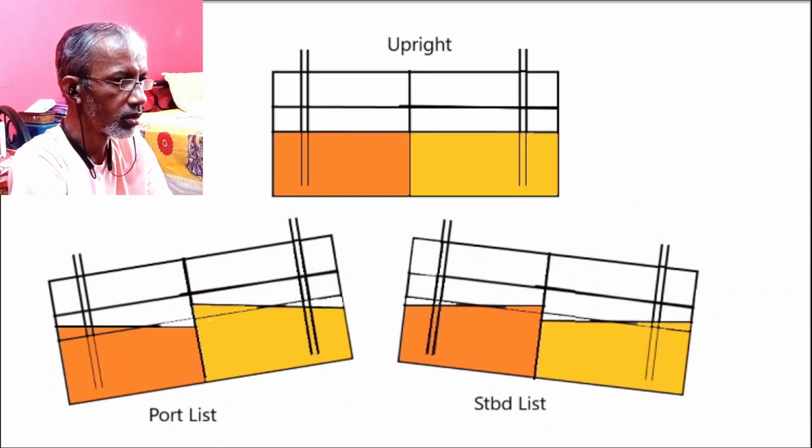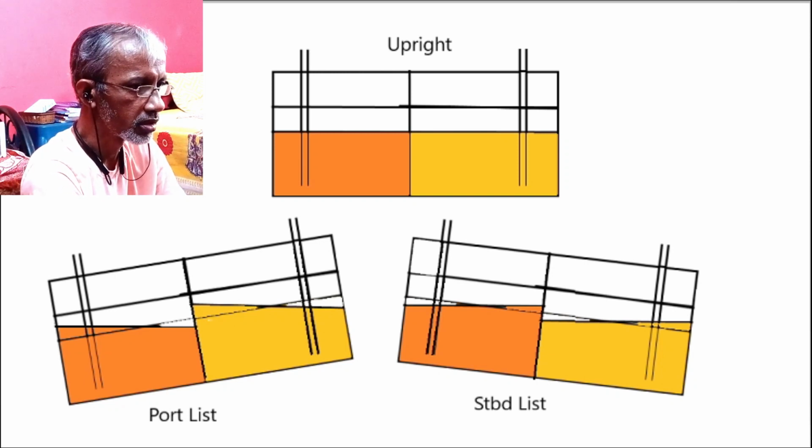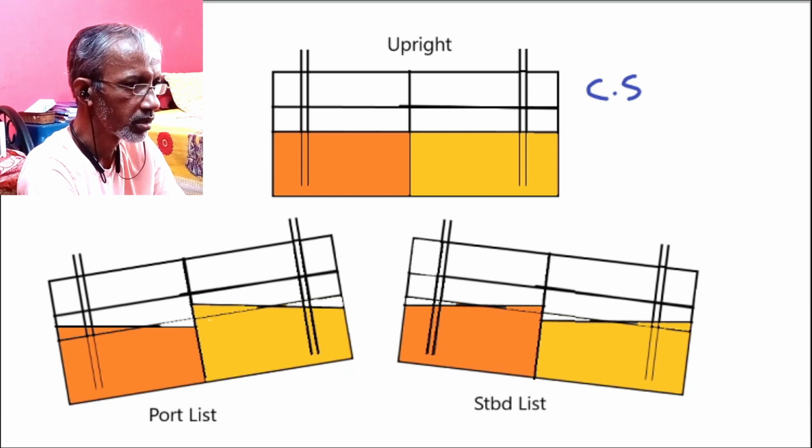So let's start off the study of the contents to be calculated with the help of the diagram. In this diagram, you can see the cross-sectional area of the ship when it is in the upright condition.